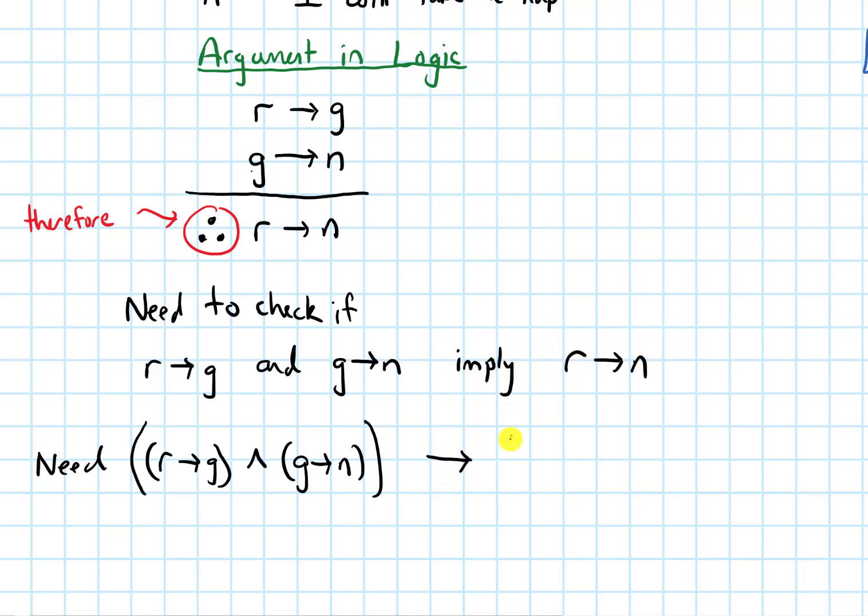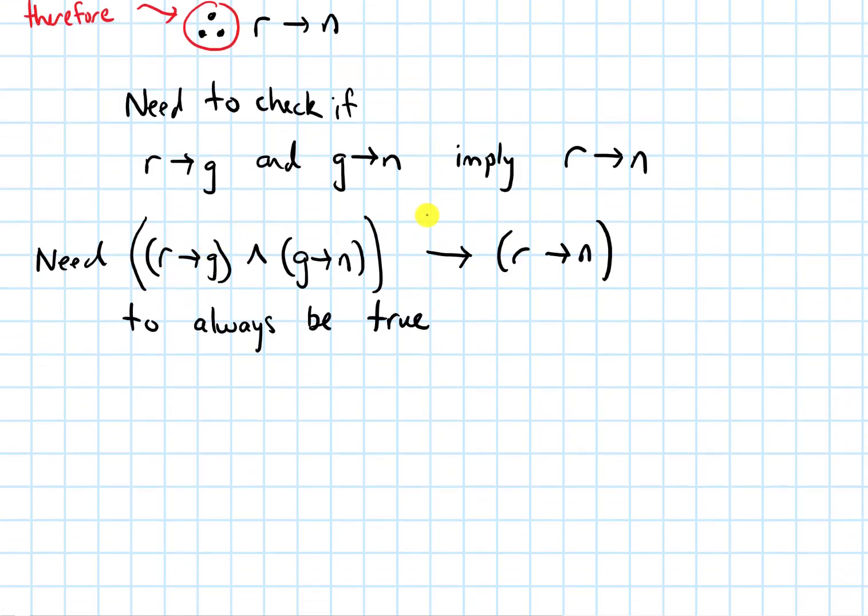They need to imply that R implies N. This whole thing, we need this to always be true. And if it's always true, that means this argument is a valid argument. So how can I check if some proposition is always true? Well, we can check it with a truth table. So we check this with a truth table, and that is what we are going to do next.